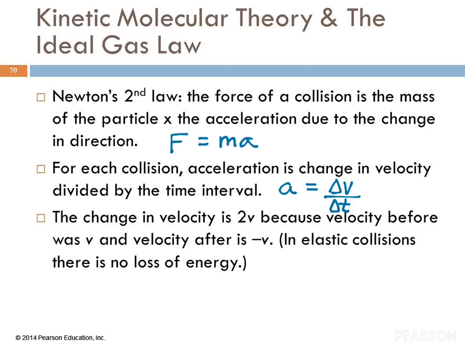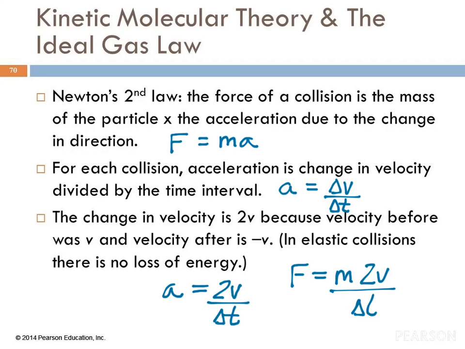That change in velocity is 2v. So the acceleration is 2 times the velocity divided by the change in time. So if we plug that in, we have force equals mass times 2v over the change in time.